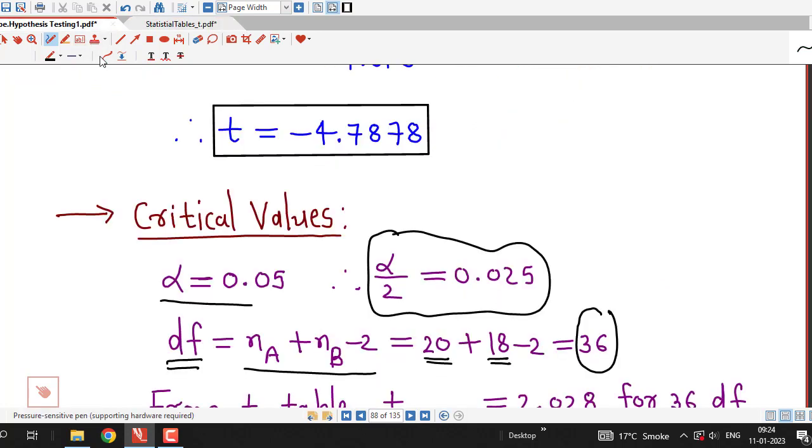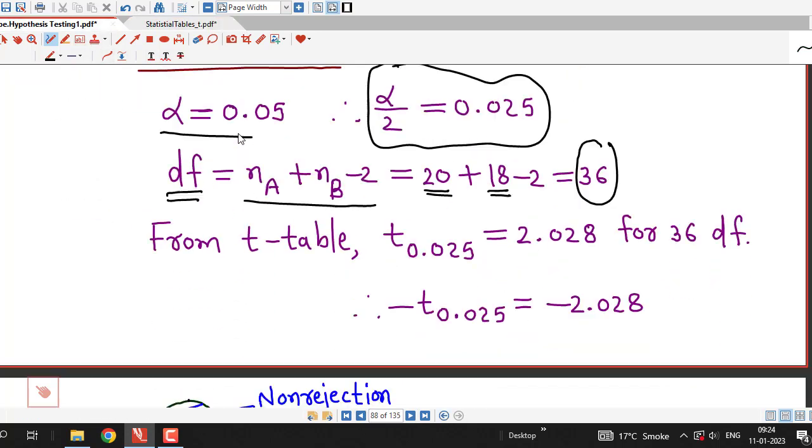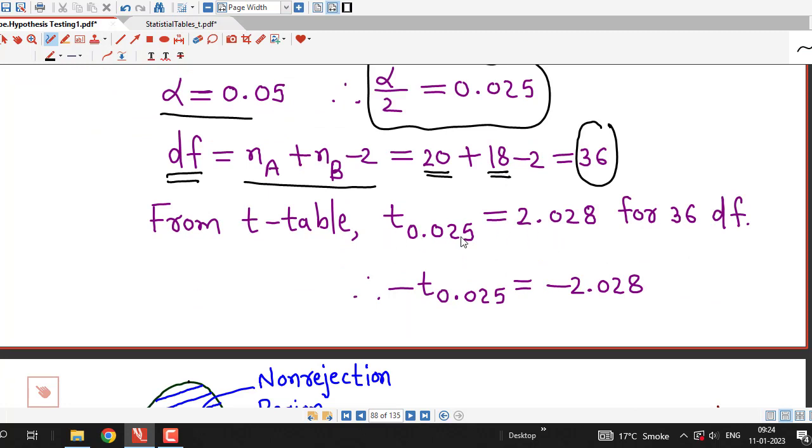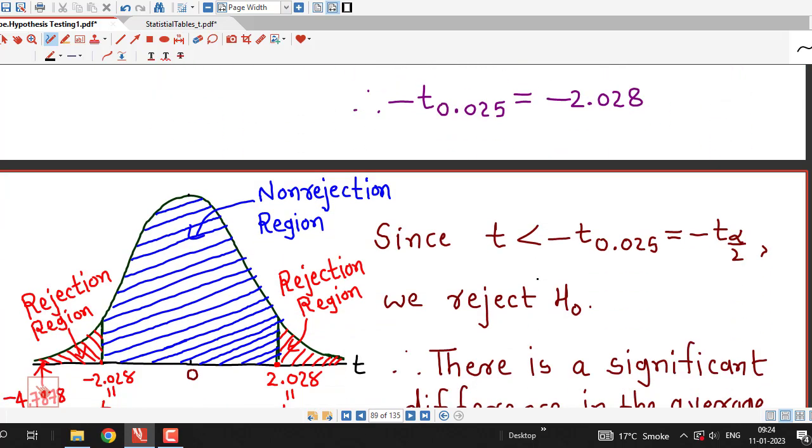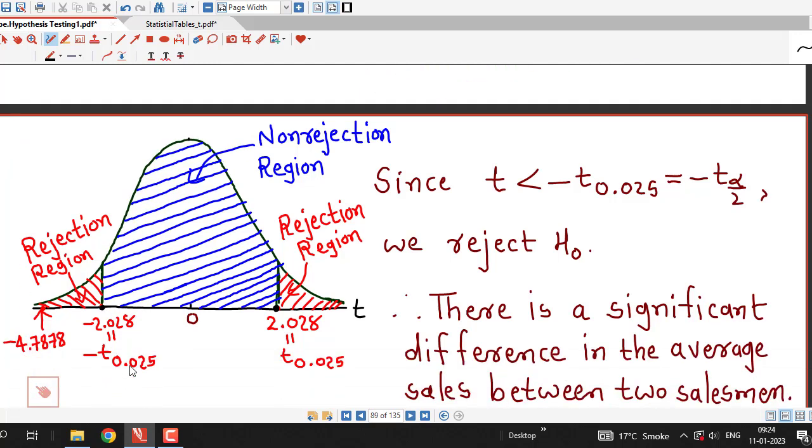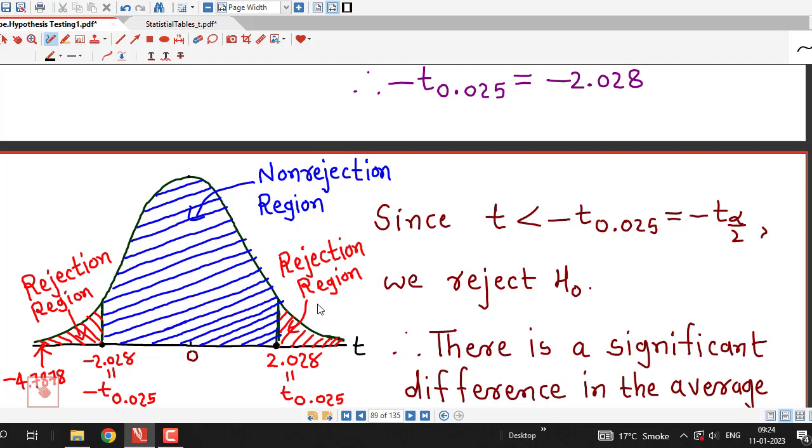So that is our critical value. I have written here from T table, T suffix 0.025 is 2.028, that is this value, and due to symmetry this point is negative of 2.028. So the area shaded by red lines is the rejection regions, and the area shaded by blue lines is the non-rejection region.